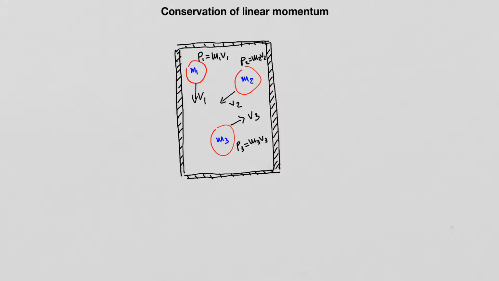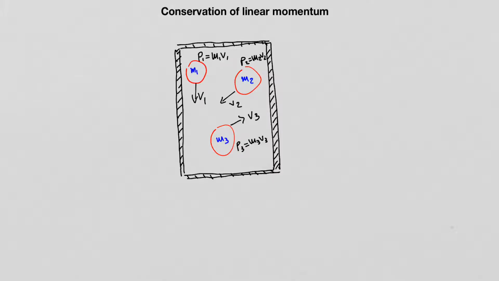When these train cars interact with each other, that is a system of objects that interacts with each other. Okay, so if we have such a system of objects that does not experience external forces, the total momentum of the system remains constant. That is the principle of conservation of linear momentum.